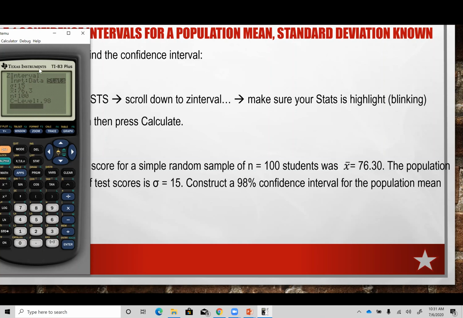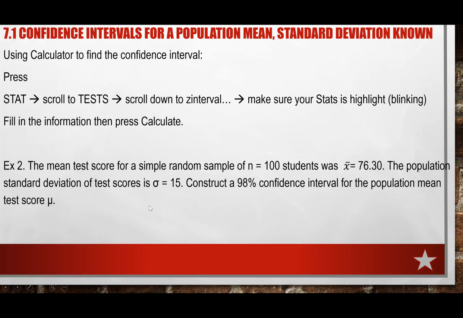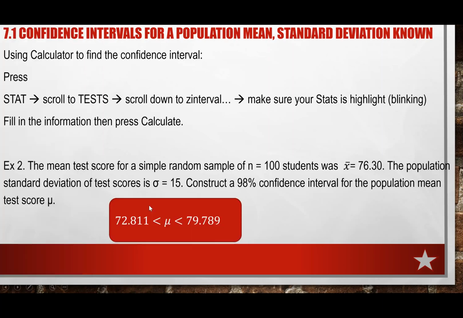So basically your best friend right here, you tell it what you have, and then you just calculate. This is our answer in our previous problem earlier, 72.81 and 79.79. In this case, you don't have to find your critical value, your standard error, or your margin of error.